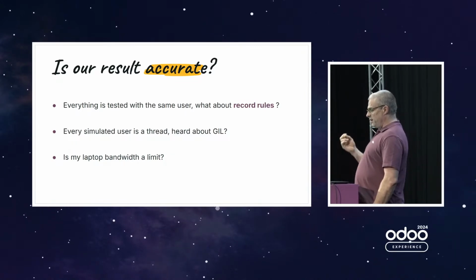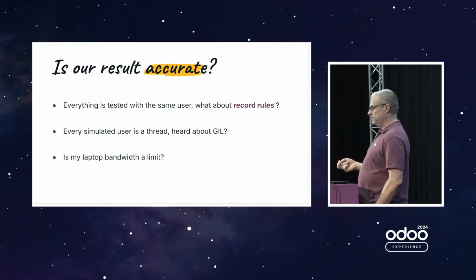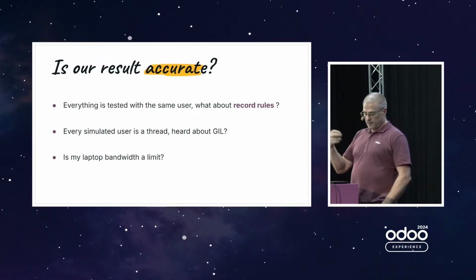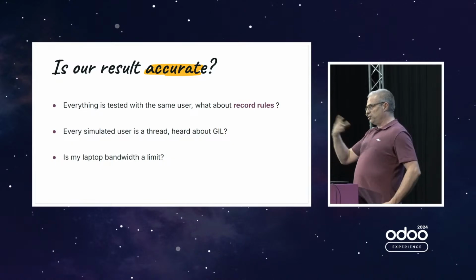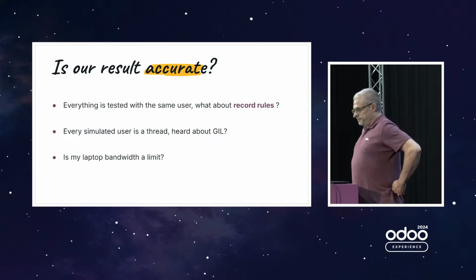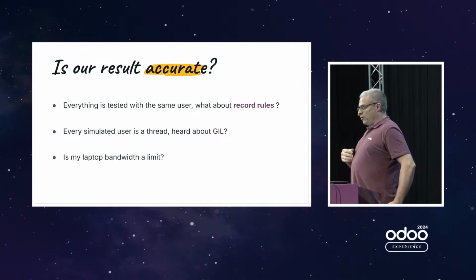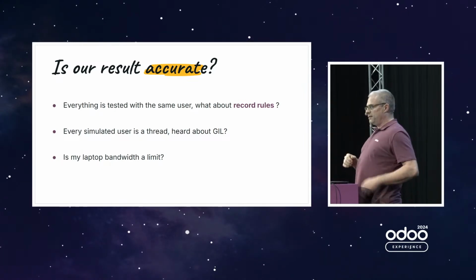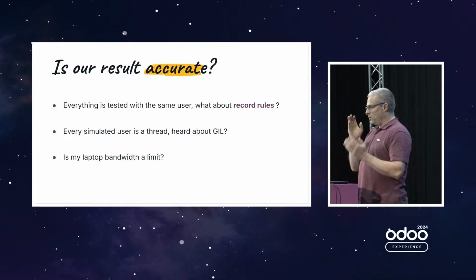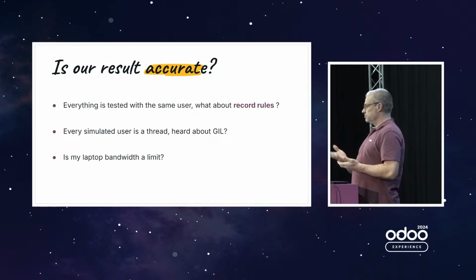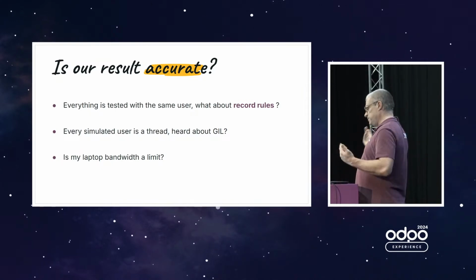In Locust, every simulated user is a thread. Each time Locust needs to simulate a user, it will launch a thread to simulate this user. If you have already heard about the GIL, you know that all threads run on one CPU. So it's also an issue.